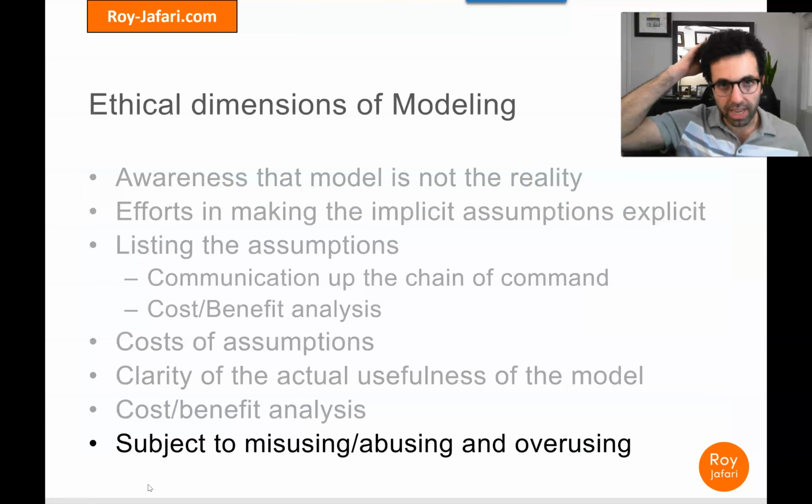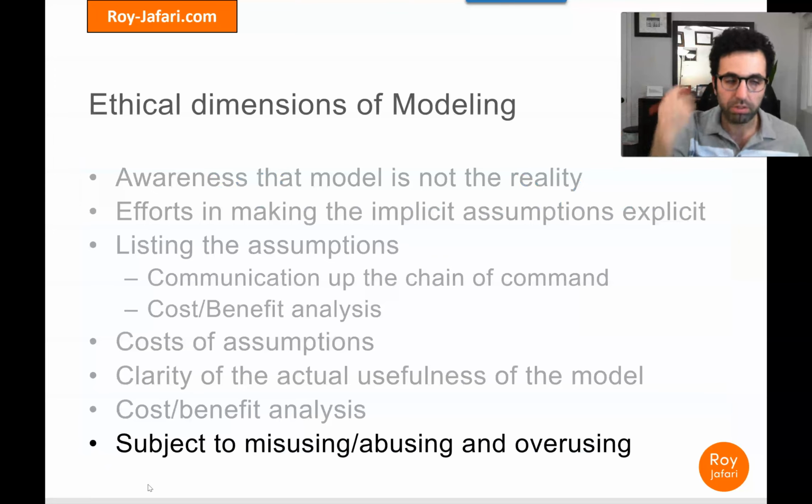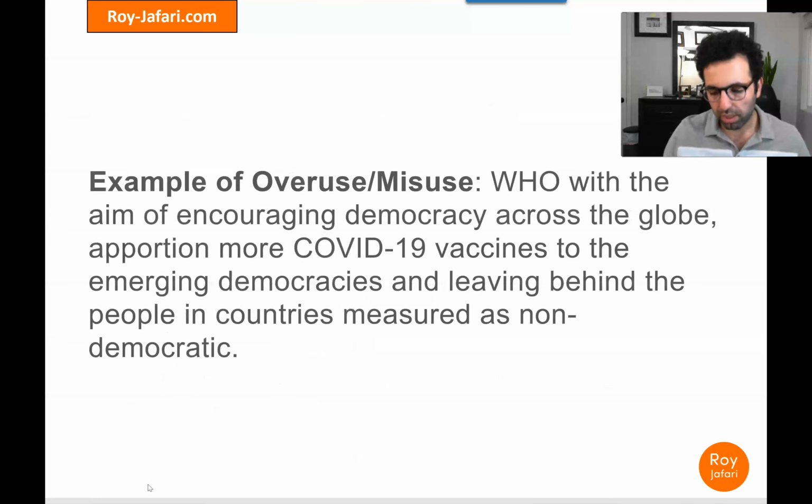We also want to pay attention that, like any model, this model is subject to overuse and abuse. So what would be a case of misusing and overusing? For instance, WHO could, and I'm not saying this is what happened, actually this is exactly the opposite of what's happening, but let's say WHO, the World Health Organization, with the hope of encouraging democracy, gave more COVID-19 vaccines to countries that have stronger democracies.